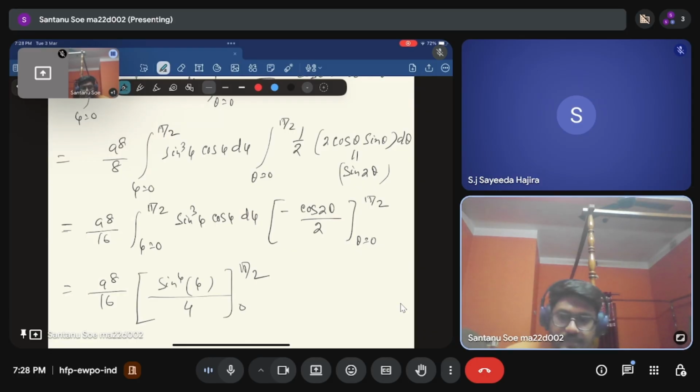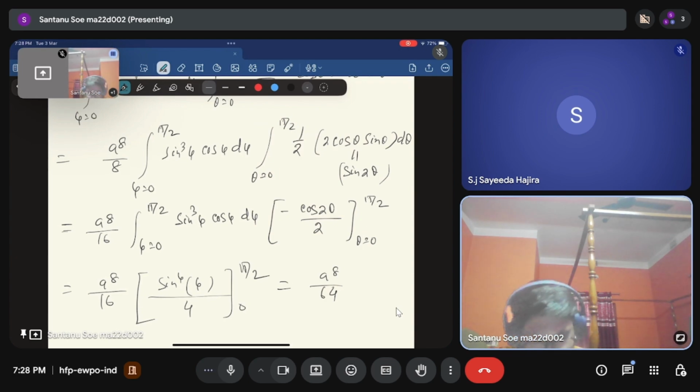So this is just basic integration. Okay, I'm not going to do all of this. This is just basic simple calculation, and if you do so, you will get a to the power 8 divided by 64. Okay, so I hope this is clear, and now I will be solving this using another approach.